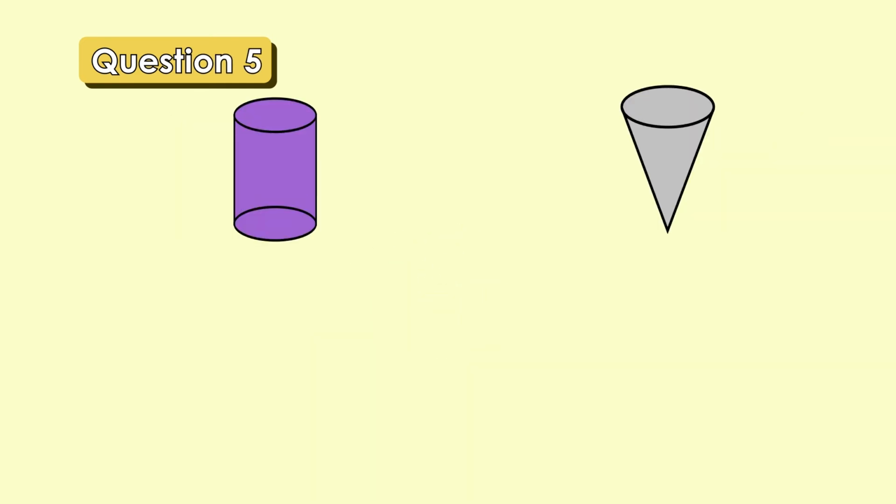Let's start with finding the volume of the cylindrical statue. The formula of cylinder is pi r square h. R is the radius. Given the diameter of the cylinder equals 7 meters, the radius of the cylinder is 3.5 meters.